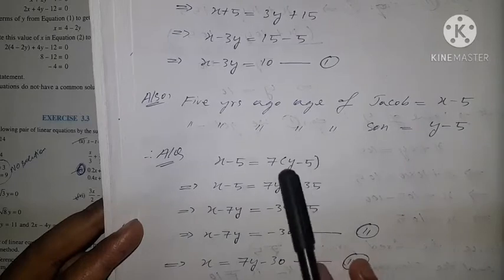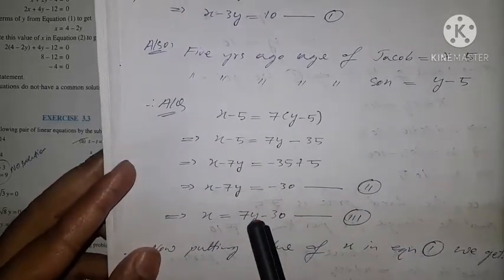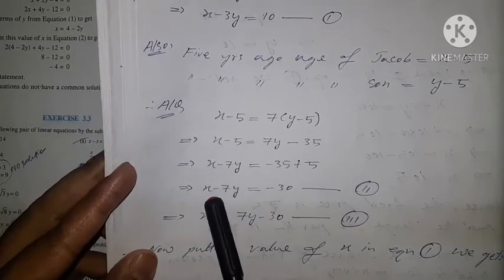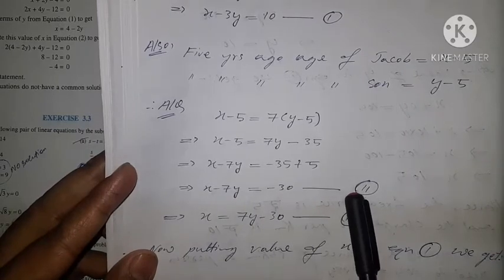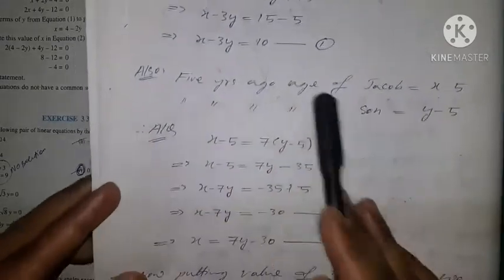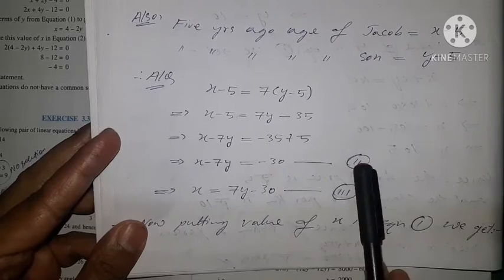After simplification we get x minus 7y is equal to minus 30. Take this as equation 2. So equation 1 is x minus 3y is equal to 10, and equation 2 is x minus 7y is equal to minus 30.